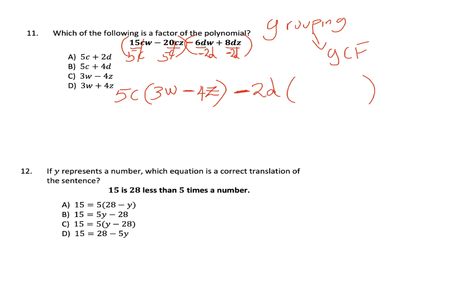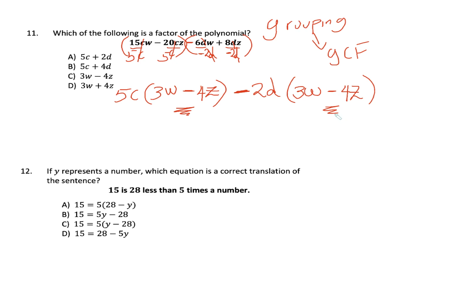And when we divide, I'm going to get 3W because 2 negatives gives me a positive, and 6 divided by 2 is 3, and the D's cancel. Positive divided by a negative is a negative. 8 divided by 2 is 4, and the D's cancel, and you have Z. You know you're on the right track when this and this are identical.